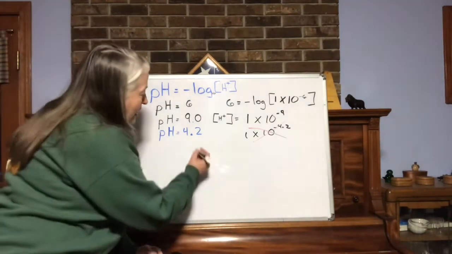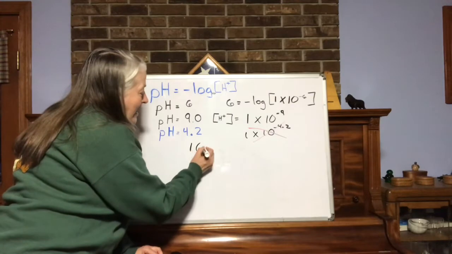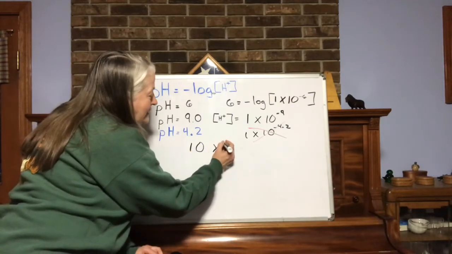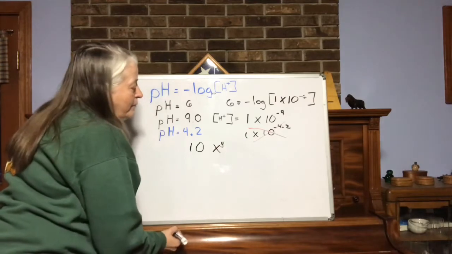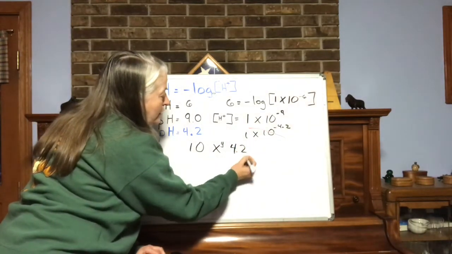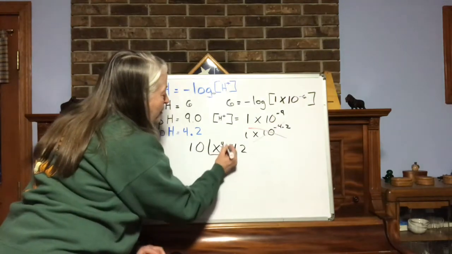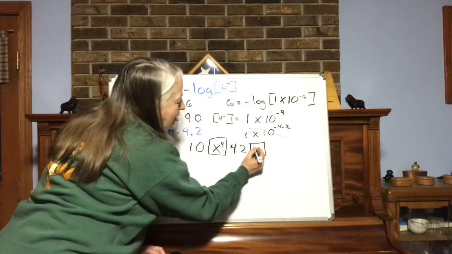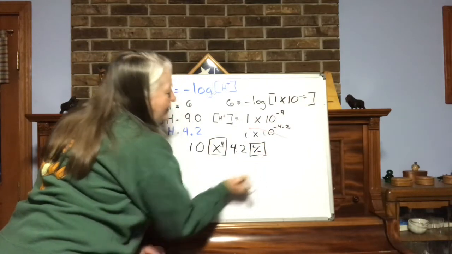In your calculator, put in 10. Then you can press the key that is x to the y, and then you can put in 4.2, and remember to change that to a negative sign by pressing the plus minus key.